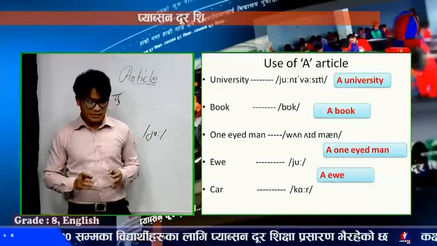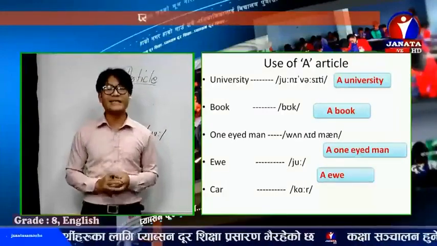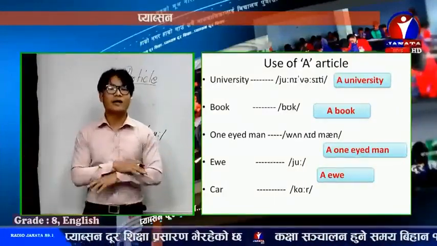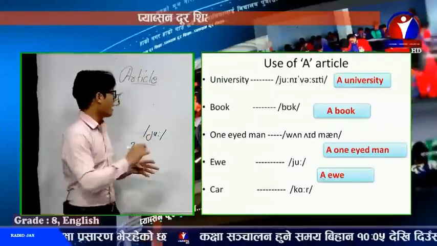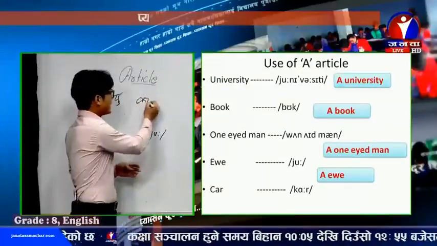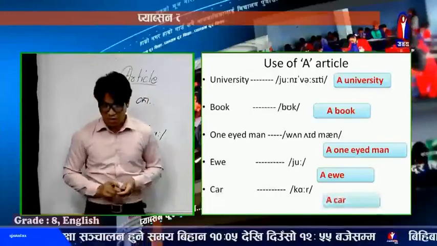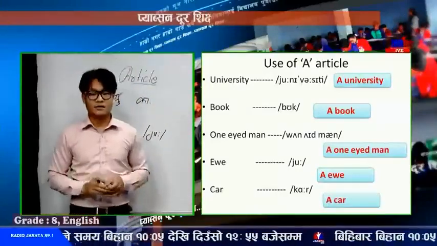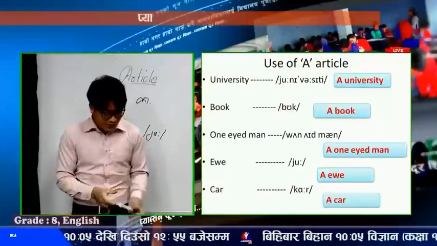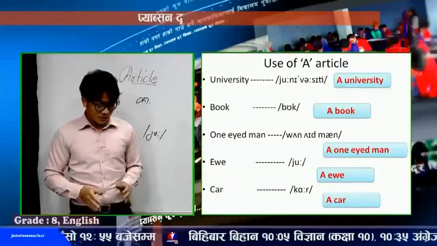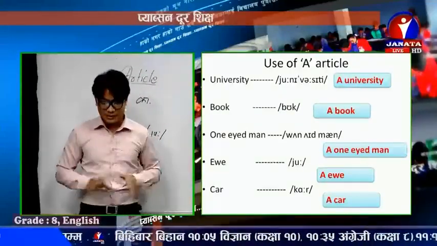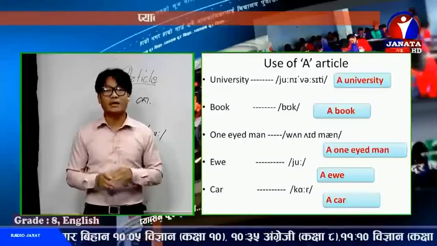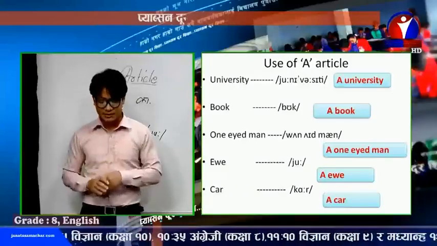Another word, this is the last word, is car. C-A-R, car. So we are clear, this is pronounced with a 'k' sound, so obviously it takes the article a: a car. So these are the practice of what we have discussed here, which noun takes a and which noun takes an.